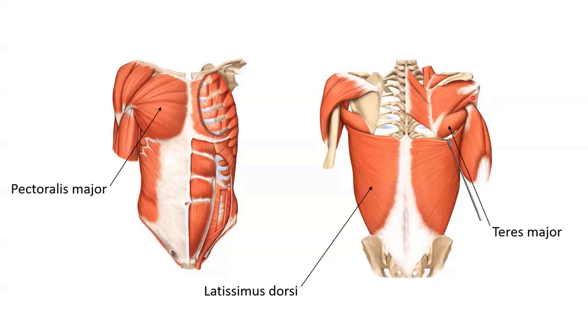Now, given the similar sites of origin and insertion, as well as the fact that the muscle fibers of the two muscles run in the same direction, so along this angle and along this angle, these two muscles work together to produce the same movements. So we have adduction of the arm, extension of the arm, and medial or internal rotation.